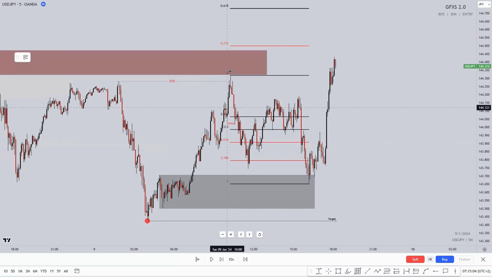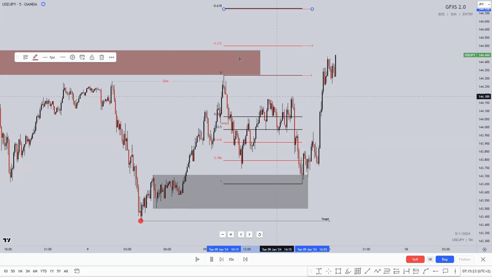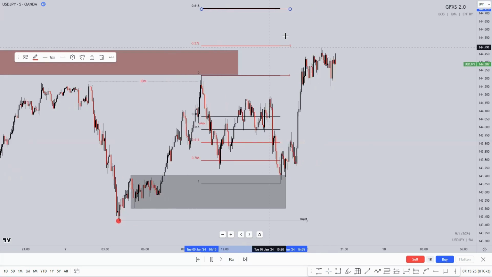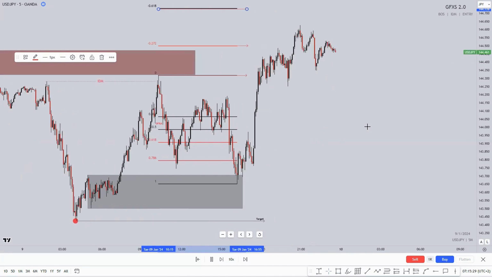You have take profit 1 at 0, then take profit 2 at the minus 0.272, and then you're going to have take profit 3 at the minus 0.618. Price is most likely to reject the 0.272, but in some cases it does reach the target. That's how you use the Fibonacci tool.